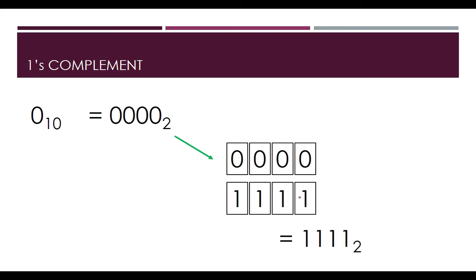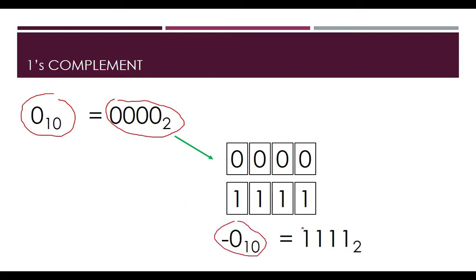And it will appear as if we have two different 0s: a positive 0 that has a value of 0000 in binary, and a negative 0 that has a value of 1111, which in reality is not really part of mathematics. We don't have negative 0 in our math. So 1's complement has some drawback in handling negative numbers in binary.